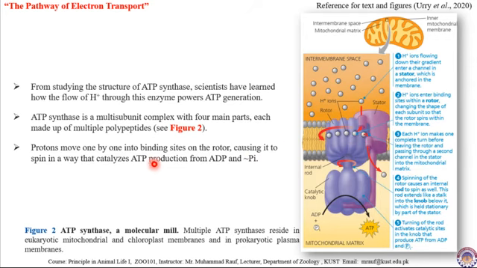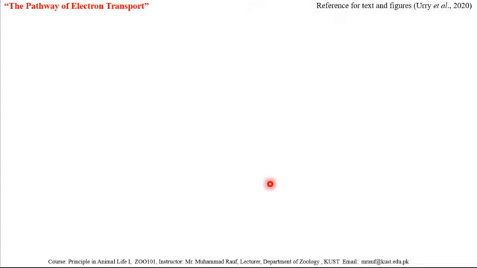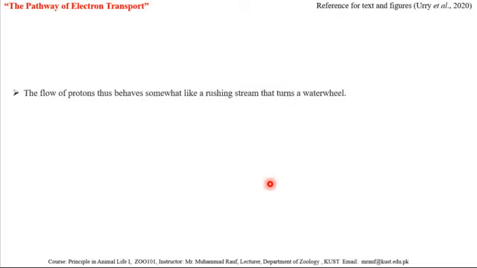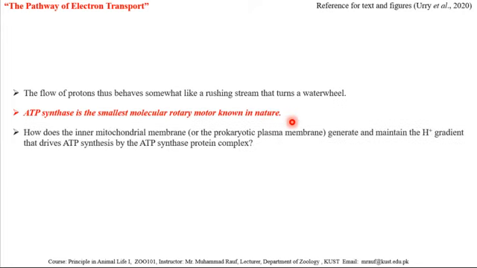That catalyzes ATP production from ADP and inorganic phosphate. The flow of protons thus behaves somewhat like a rushing stream that turns a water wheel. ATP synthase is the smallest molecular rotary motor known in nature.